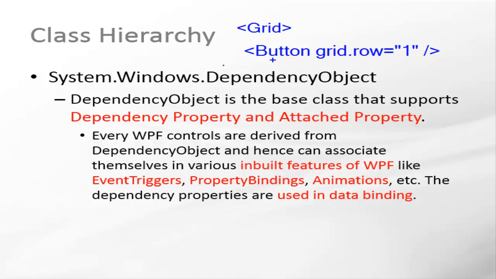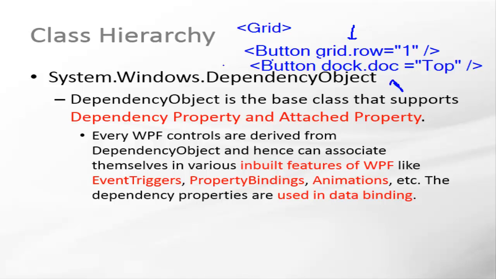When you created the dock panel, you again said button, DockPanel.Dock equal to top, left, right, and so on. Now you notice that the button does not own this property.